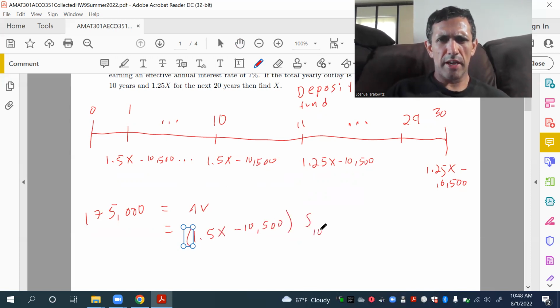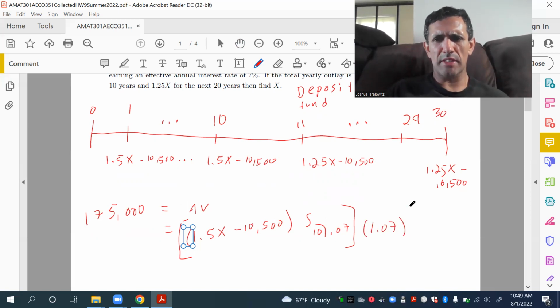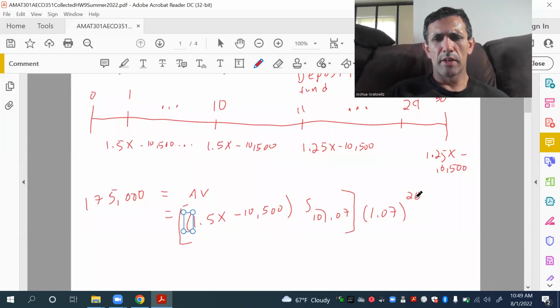So it's going to be S10 at 7%. But then this amount sits in the account for 20 years. 10 to 30 is 20. A lot of people had it as 10 years for some odd reason. So it just sits in the account for 20 years at 7%. So times 1.07 to the 20th times this whole thing here.